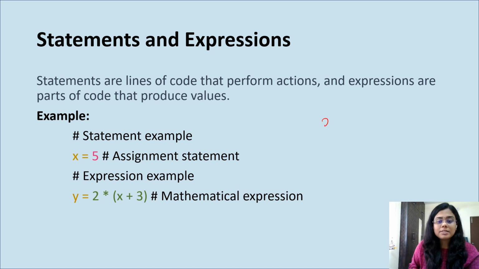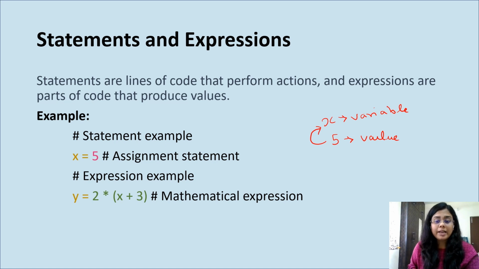Here x is a variable, and then we have 5, which is a value. 5 is now being assigned to x, which means that going forward in the code, x will have the value 5, which can be used for multiple operations. This line of code is used for assigning the value 5 to the variable x.